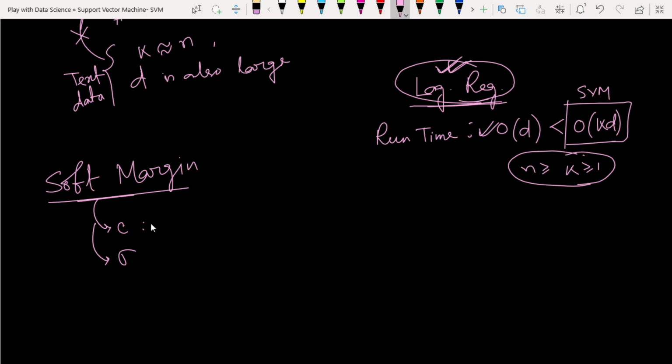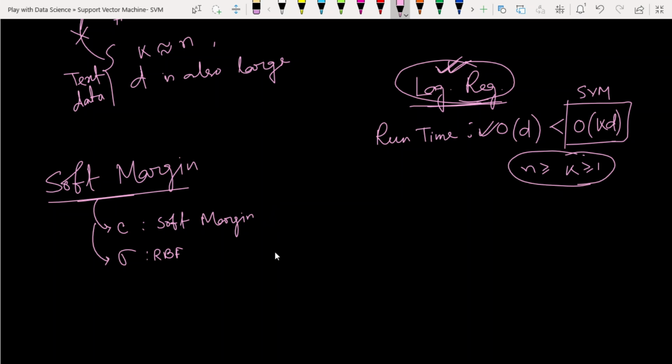C is for our soft margin, and sigma is for the RBF. We choose these parameters by using grid search, random search, and there are many other techniques.